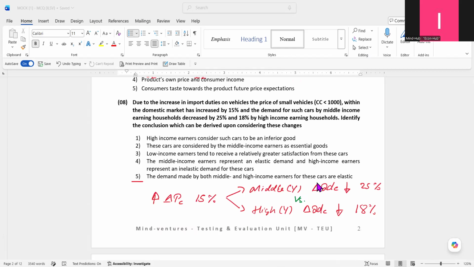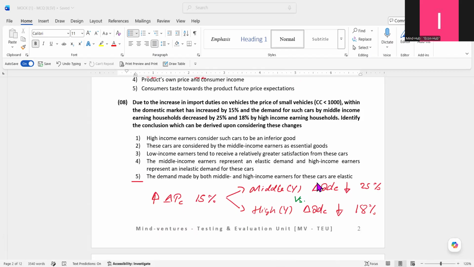Why? Because middle income earners respond by decreasing demand by 25%, while high income earners respond only by decreasing demand by 18%. So the correct answer is number 5. The demand made by both middle and high income earners for these cars is elastic.